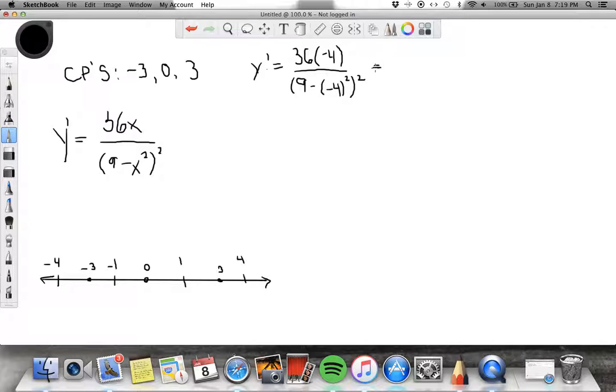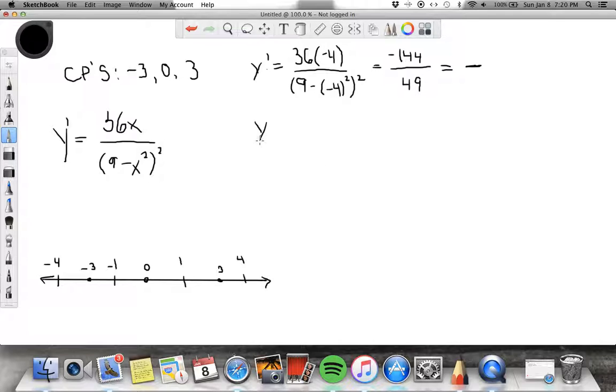Now when you simplify that, you get -144, which is 36 times -4, over 49, because -4 squared will give you 16. 9 minus 16 is -7, and -7 squared is 49. Now when you divide these, you will get a negative number, and we don't care what that number is, all we care is that it is a negative number.